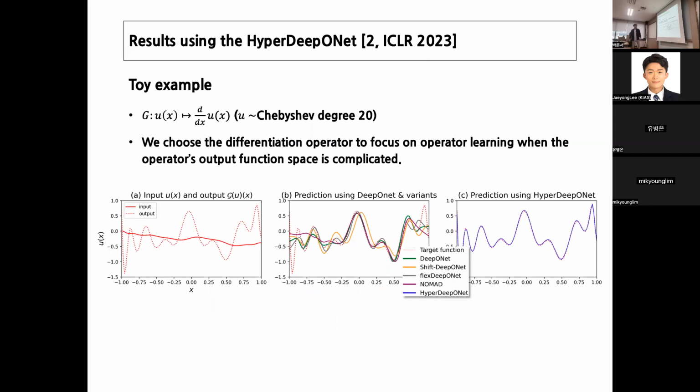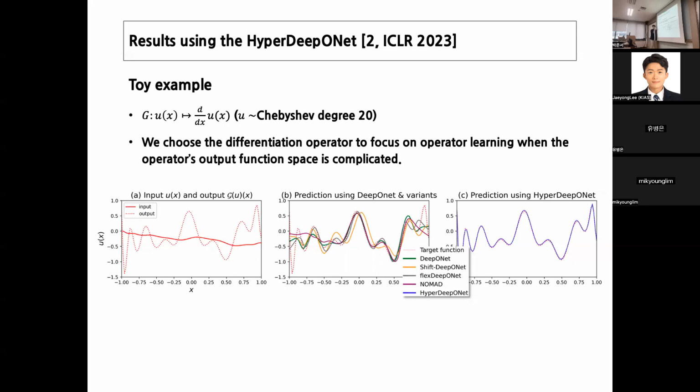Yes, I will explain this figure more explicitly. If we have this example from u to the derivative of u, then the input function is this red line, and the output function is this red dotted line. The purpose of this task is to use this input function, the red line, to make a prediction of the dotted line.